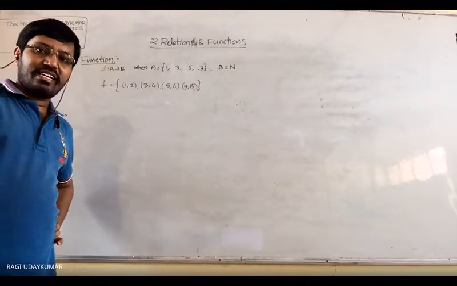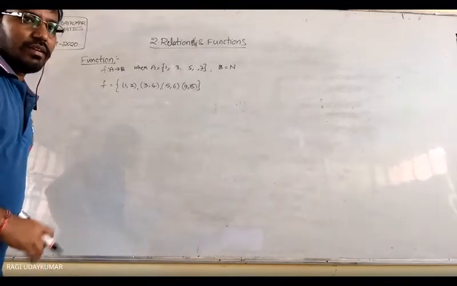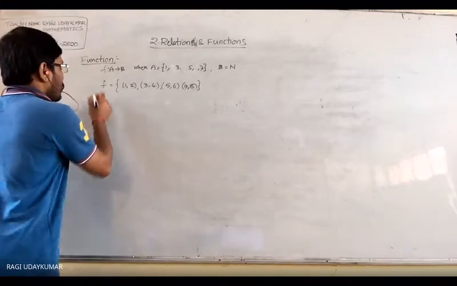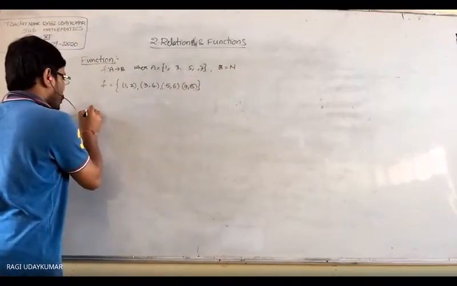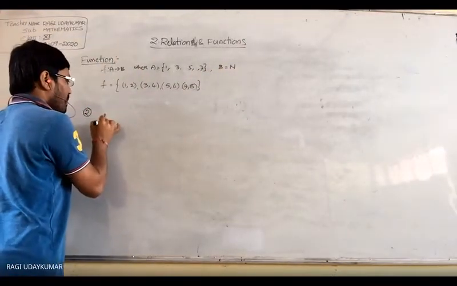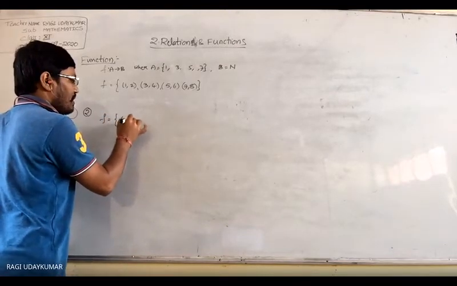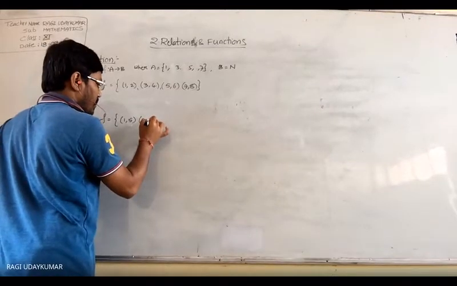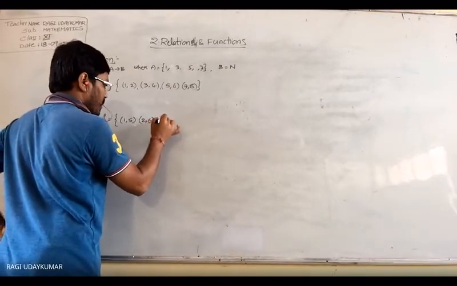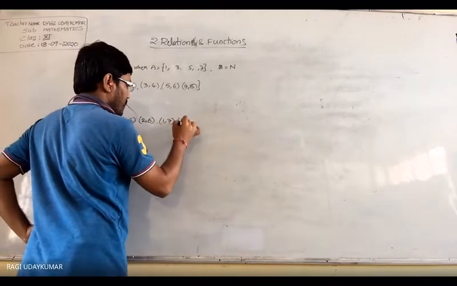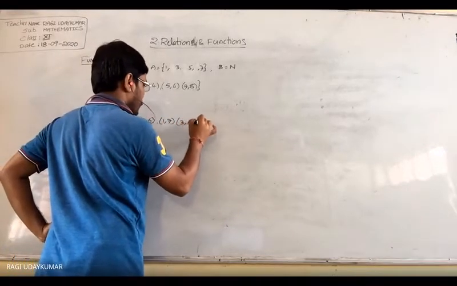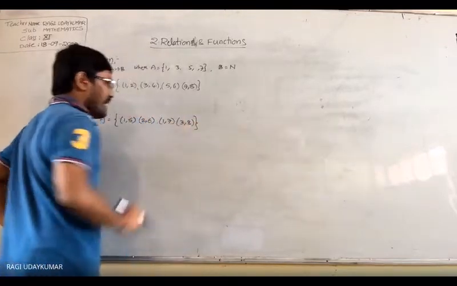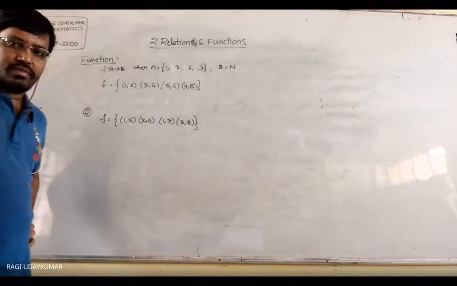But you can say in some cases the given relation is not a function directly. So this is completely another question, second question I am asking. If I am giving f is equal to {1 comma 5, 2 comma 6, 1 comma 7, 3 comma 6, 3 comma 8}, let us say, whether it is a function or not, I am asking now.